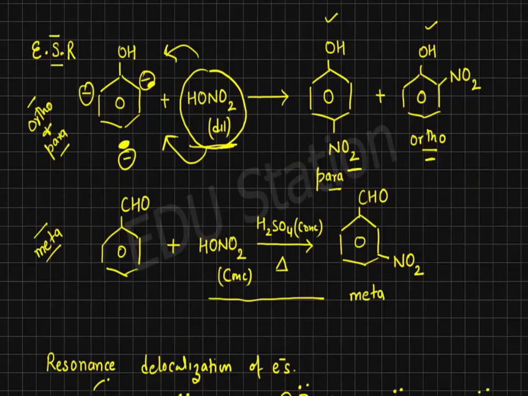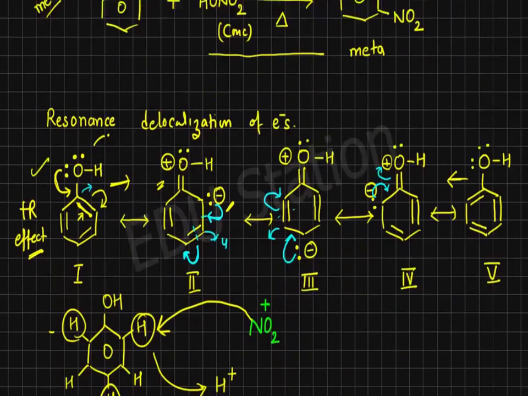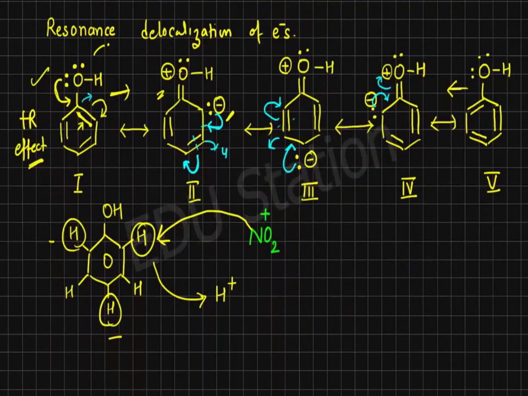It happened very easily. So, two things about plus R: because of plus R effect, the electrophile attacks at ortho and para, and it activates the group for the reaction.